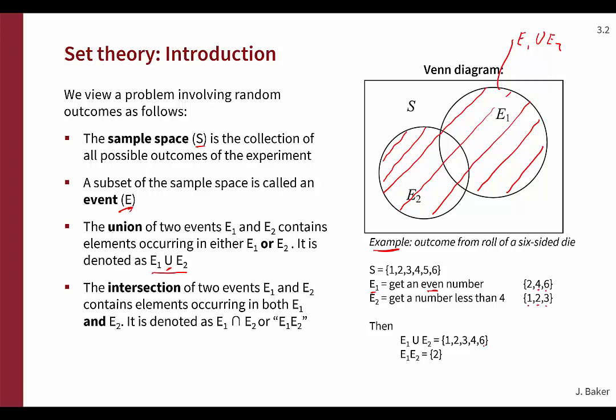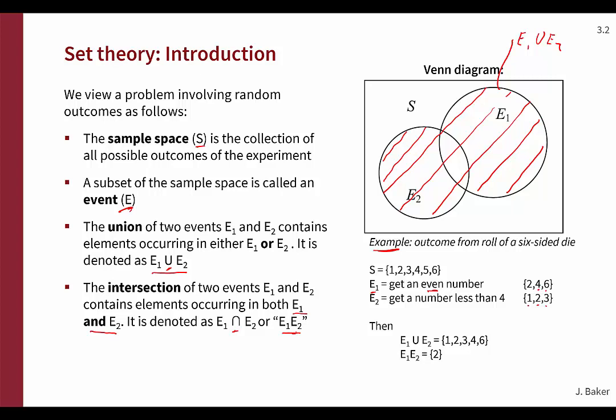The other operation we can do is an intersection. So we need the outcomes that are in both E1 and also in E2. We'll use an upside down cup for the notation, or more frequently we'll just write E1 and E2 adjacently with nothing in between. Here we need the outcome to be in E1 and also to be in E2.